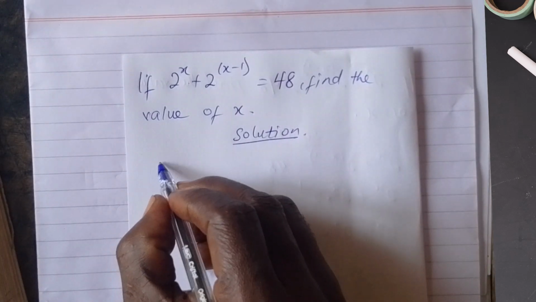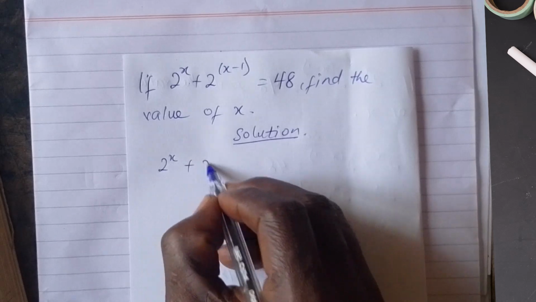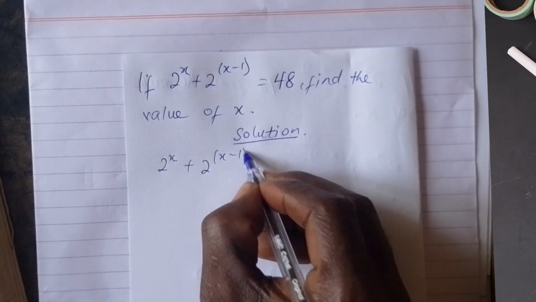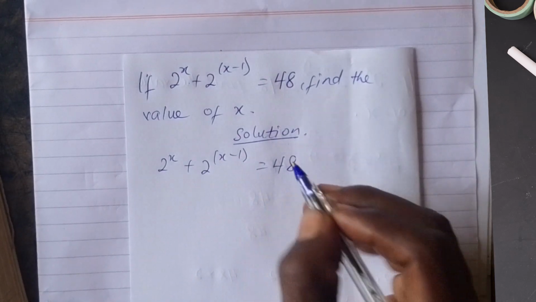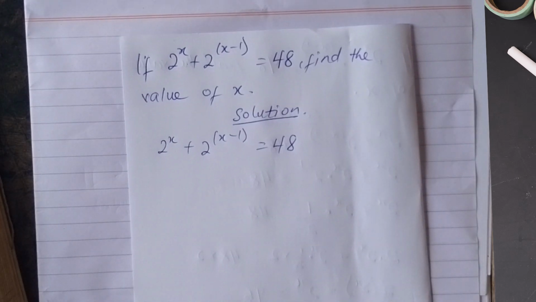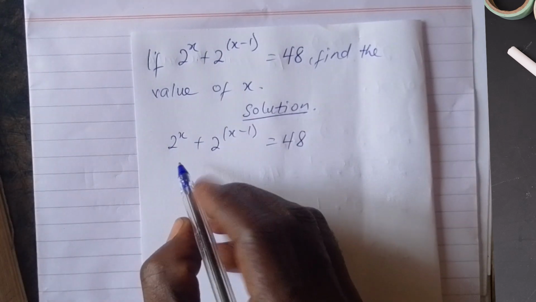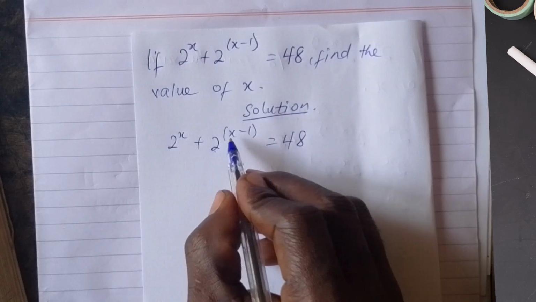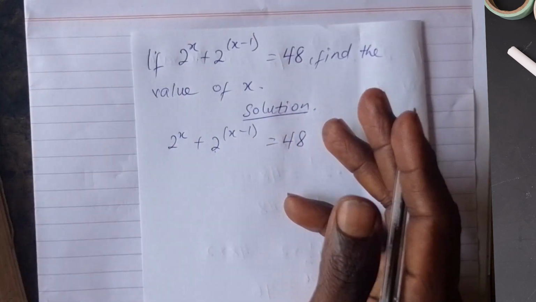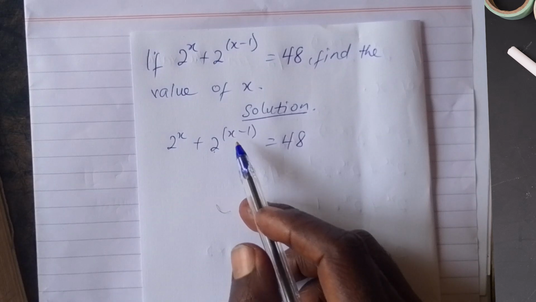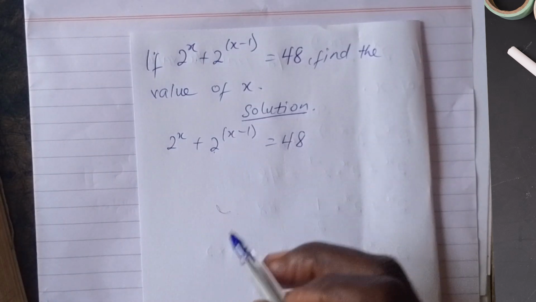From here, I have 2 to the power x plus 2 to the power x minus 1 equals 48. Now from this, what happens here? This 2 to the power x minus 1, we are having this scenario as a result of the laws of indices.